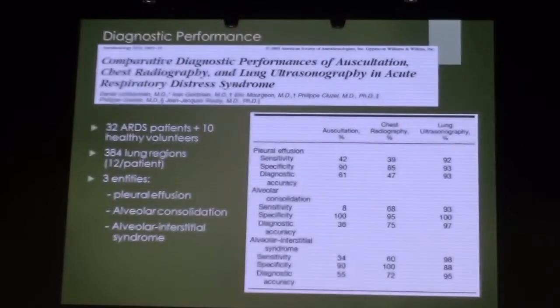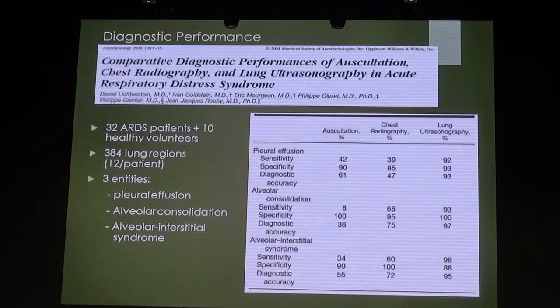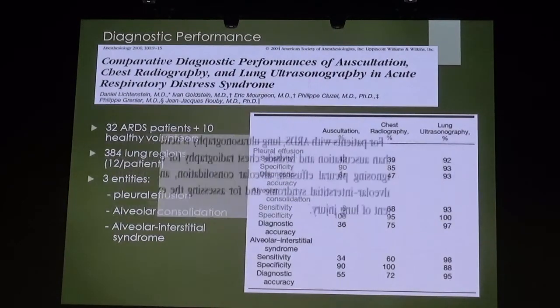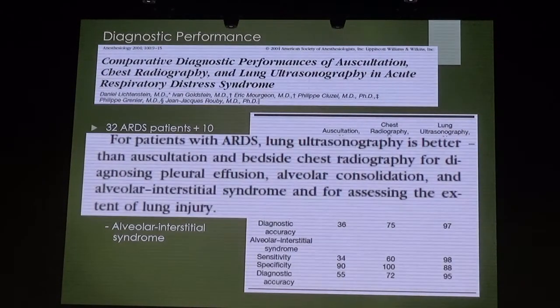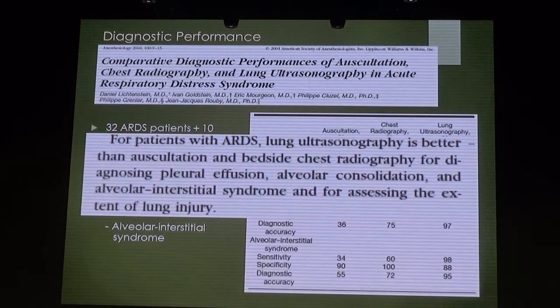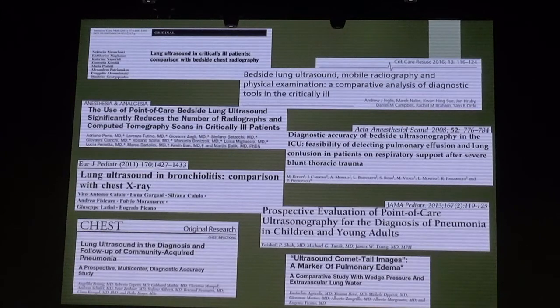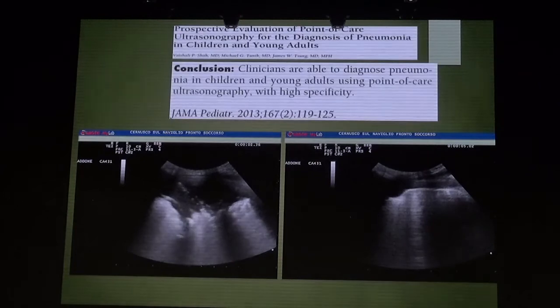And as you can see here, the diagnostic accuracy was much better for lung ultrasonography than for the other 2 techniques. So the conclusion was that ultrasonography was better than auscultation and bedside chest radiography for diagnosing the three entities: pleural effusion, alveolar consolidation, and interstitial syndrome.